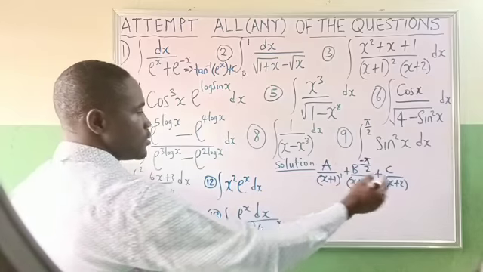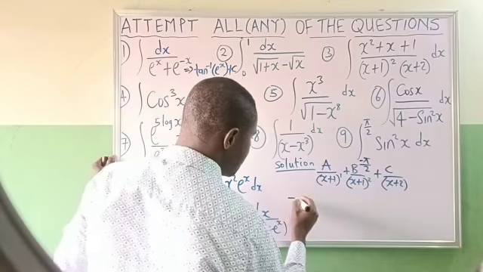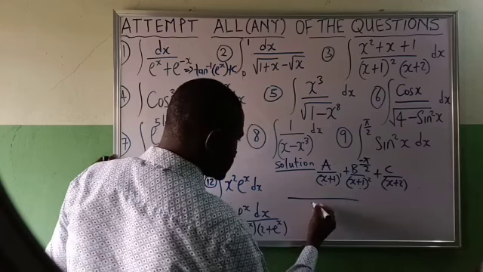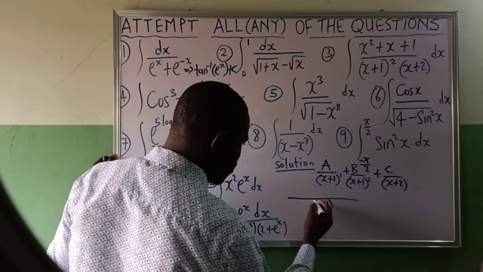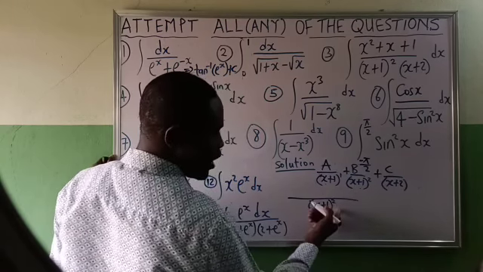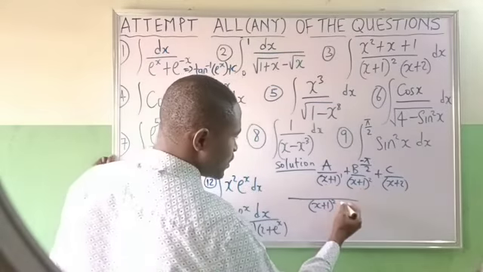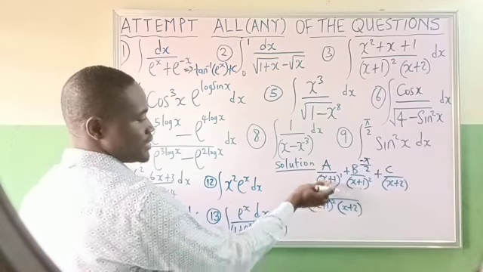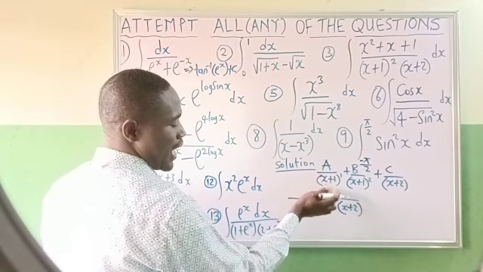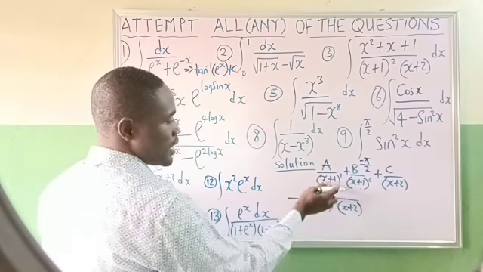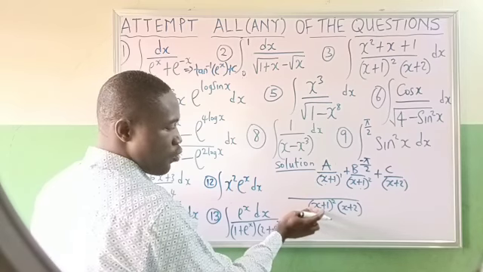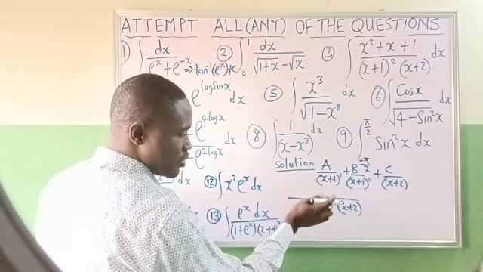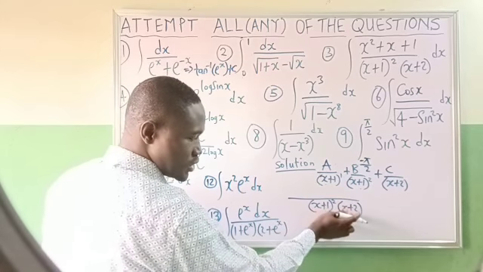Let's see. Look for the LCM of everything. These are the same, so you say x plus 1, that is their own LCM, raised to power of 2. This has covered this. Then bracket x plus 2. This is inside this. That is why I say this one has covered this. Now this divide this, it will remain one of this. One of this divide this, it will remain one of this and this one.